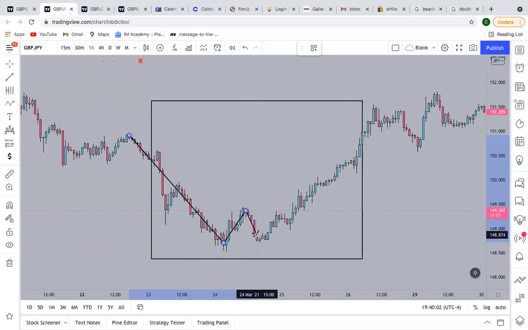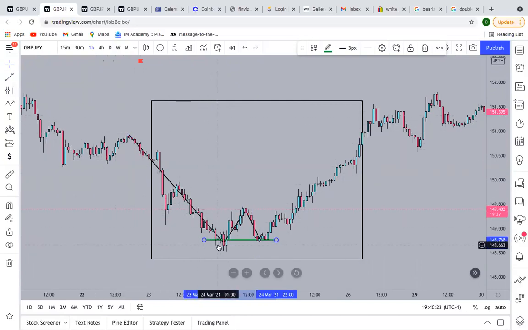Then we're going to want to see a rejection of this same general area. If I came in here and drew up this support level that was created here, price came back to reject the same level. So we had price turning to the downside as our first step. Our second step was our break of structure.